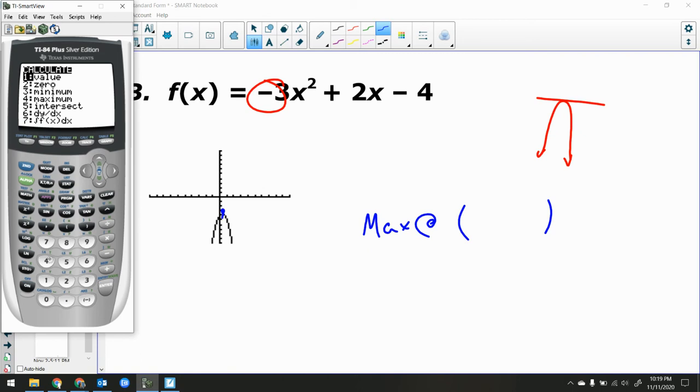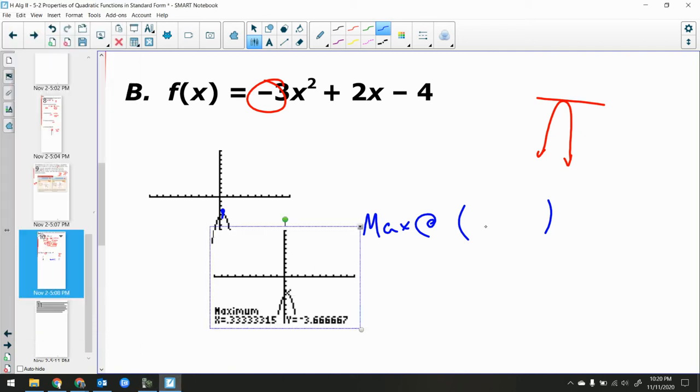You just have to kind of work with your calculator. Now look at what it's asking here. It's asking for a left bound. I want to move my arrow. Do you see my trace going along? I want to move my arrow until the trace is to the left of the maximum. It asks me for a right bound now. I want to move my trace until it passes that peak, until it's on the right side of my maximum value. And then it's going to ask me to guess. I just hit enter one more time.